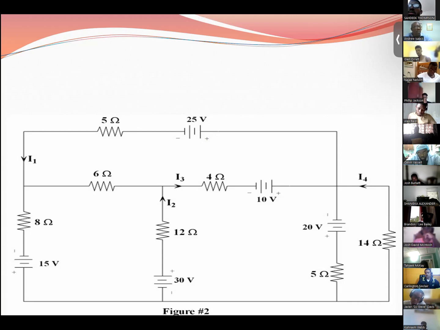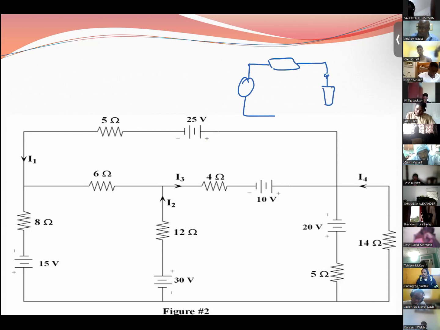However, when it comes to maximum power transfer, the load resistance that will result in the maximum power being transferred to the load will be equal to the Thevenin or Norton resistance. What do I mean by that? Simply put, this is your Thevenin, R Thevenin.